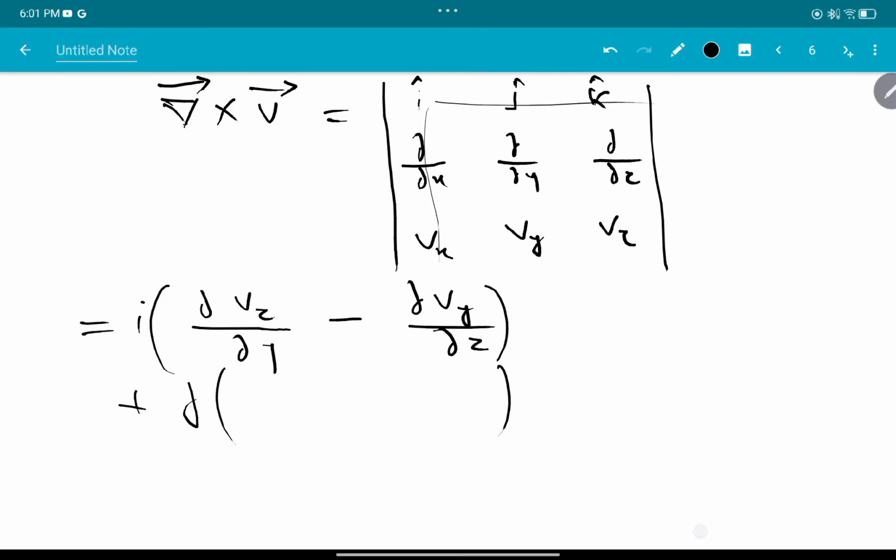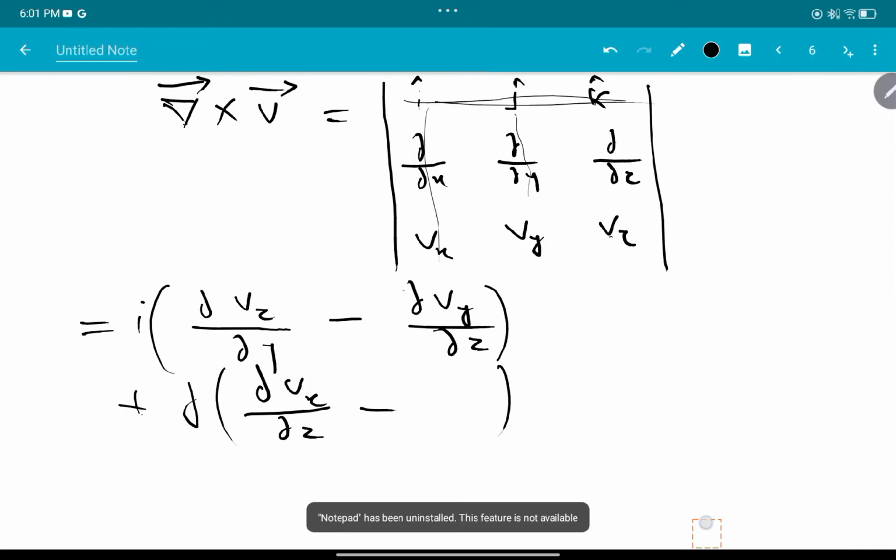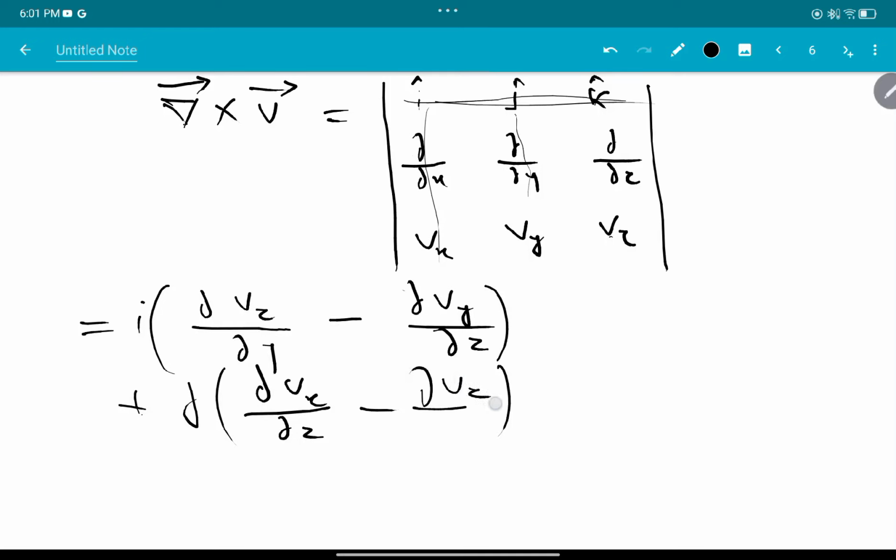Now you don't go from this to this first, you go in the reverse order, because actually j comes with a minus sign, but I am writing it with a plus sign, so I will have to take this into this first: del vx by del z minus del vz by del x.